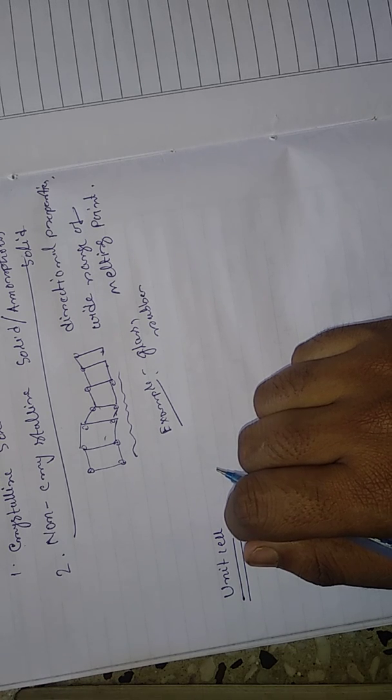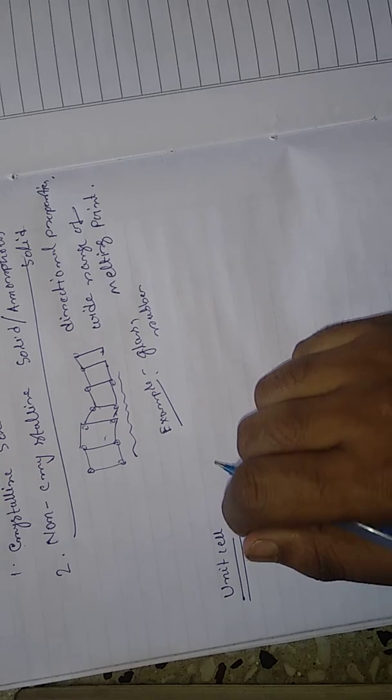And obviously the unit cell is the smallest unit part of the crystal structure.